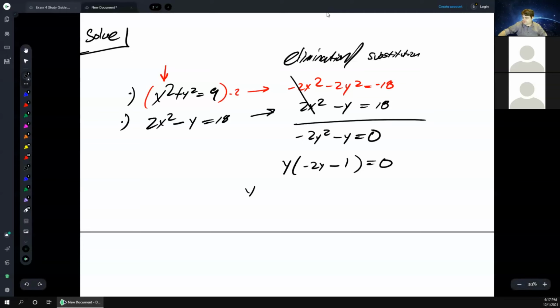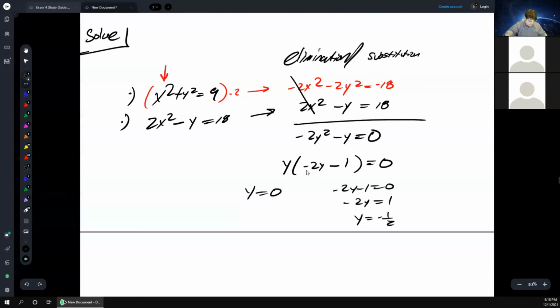So if we separate this out, we get the options of y equals 0 and -2y minus 1 equals 0. So we have our first possible solution, y equals 0. And then if we add over, that's -2y equals +1, or y equals -1/2. So these are our y values.